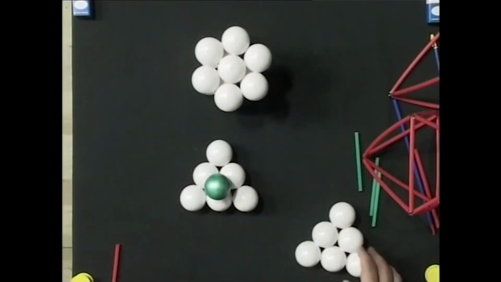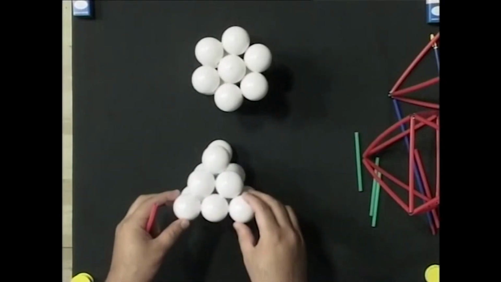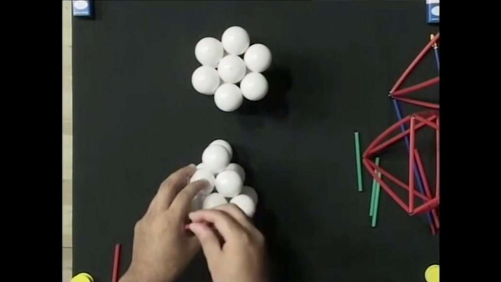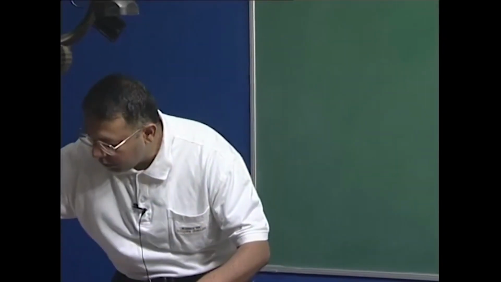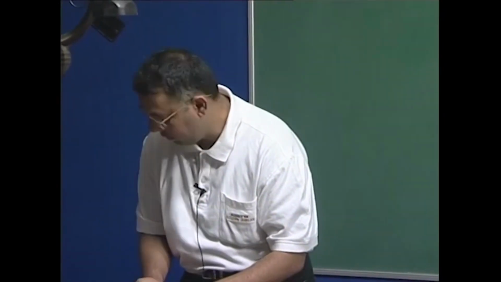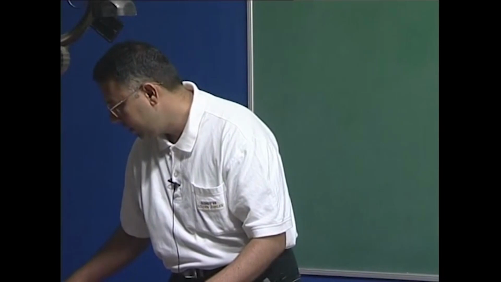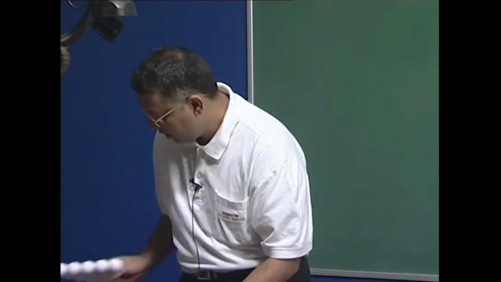Now, to make the third layer, I will take the same set of planes and put it exactly above the A layer, and therefore, I get an AB kind of packing. I will continue this ad infinitum. In other words, the fourth layer would be exactly above the layer above that, and the fifth layer would again be a layer above the A layer, which is what it would look like.